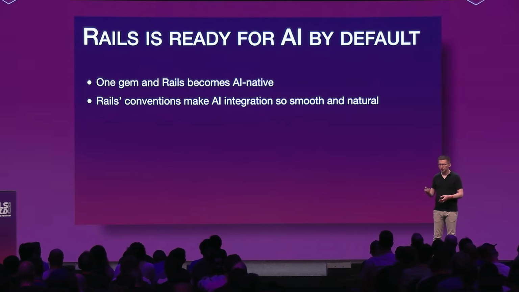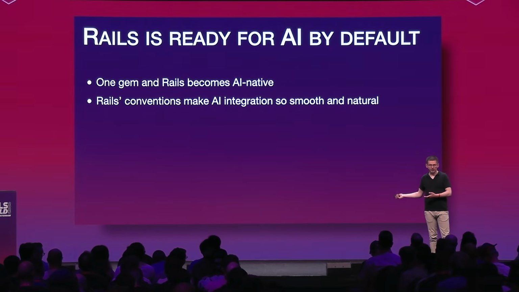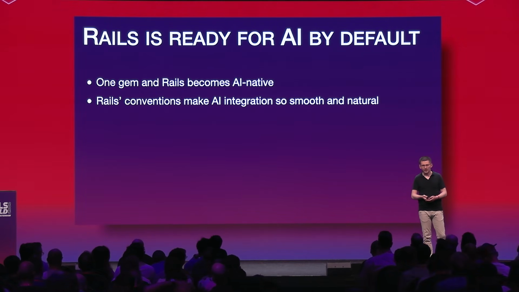Before I end, I have probably a confession to make, because I promised a presentation about MCP. But how I see this presentation, it's not really about MCP, but it's about the Rails framework itself. Because Rails is ready for AI by default. All it took was adding a single gem and a single template, which isn't that big, and we are kind of by design ready for AI.